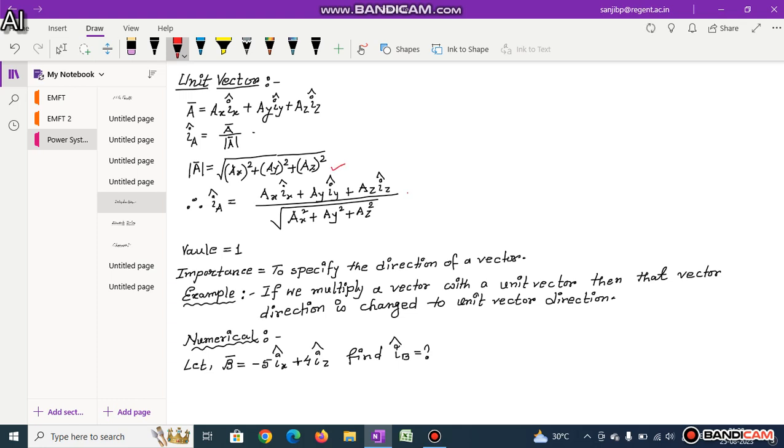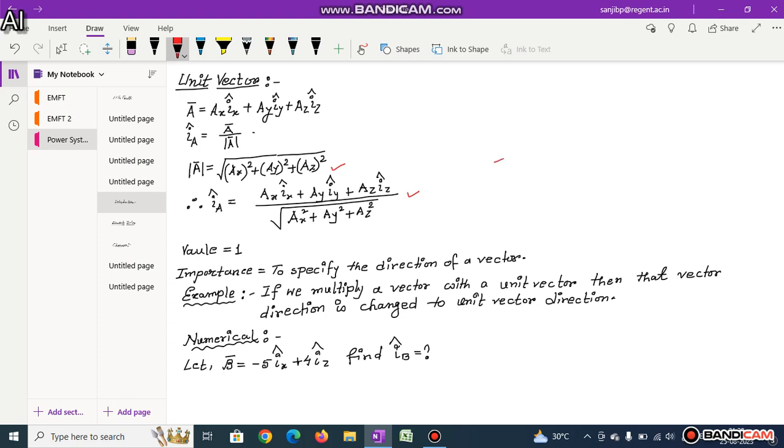This is very important. This is the expression, you can say the formula, for the unit vector of a particular vector. Now what is the value of a unit vector? 1. As it is called unit, its value is 1. What is its importance? It specifies the direction of a vector.